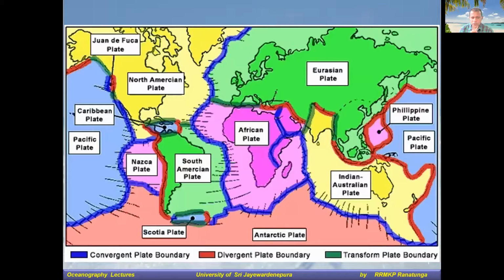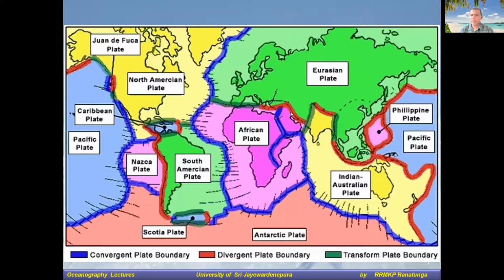So this is again a world map showing where the convergent plate boundaries are, where the divergent plate boundaries are, and where the transform plate boundaries are. Usually transform plate boundaries are somewhere in the middle of the ocean. But sometimes there can be a transform plate boundary like in here, between Europe and Africa.